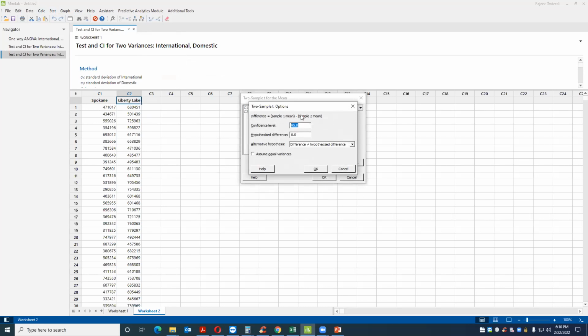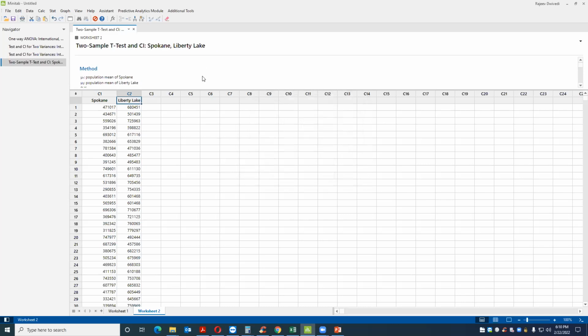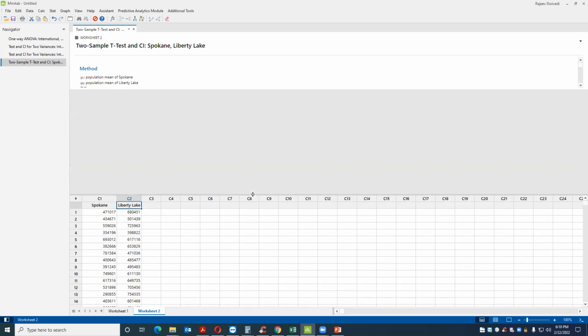We have different options here. We will check not equal variance, confidence level 95 by default. The null hypothesis means you are saying both are equal, and the alternative hypothesis is that both are unequal. Okay, so I'm just going to do this, and now I got my result here.